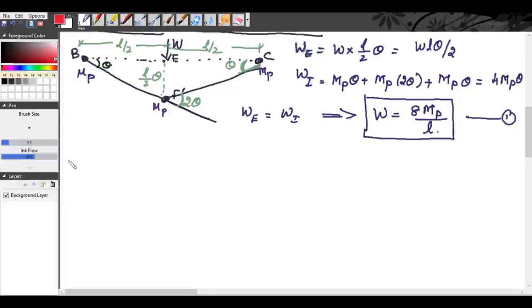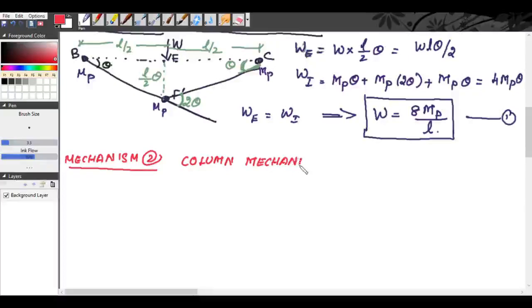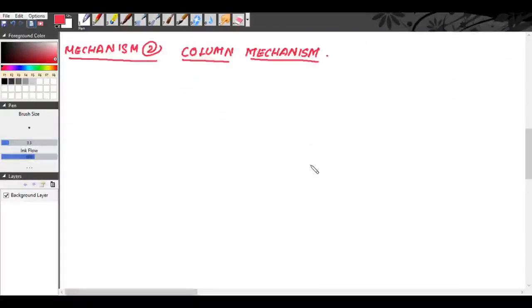So now, mechanism 2. Second mechanism is column mechanism. So we will draw the column AB. So A, B. A is fixed support. So we will have a hinge at A. B is also rigid.